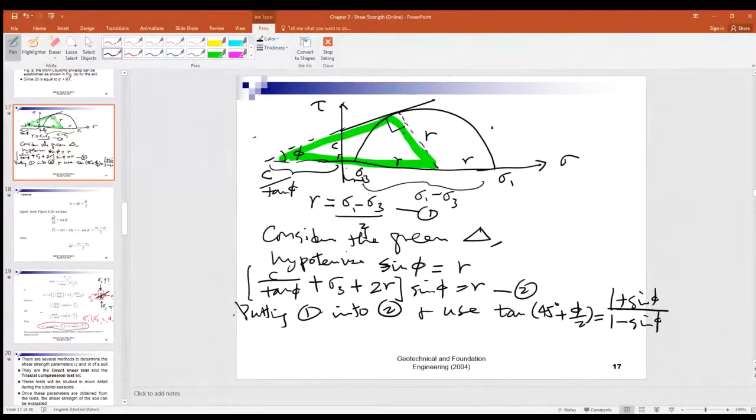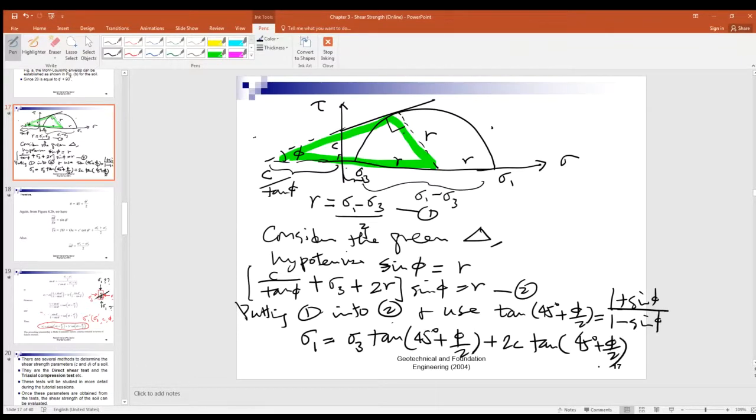And then you will obtain sigma 1 equals sigma 3 tangent squared of 45 degrees plus phi over 2 plus 2C tangent of 45 degrees plus phi over 2. So it's a matter of mathematics, right, to prove this formula from the Mohr Coulomb envelope. Using some mathematics and the compound angle formula, you could obtain this equation.